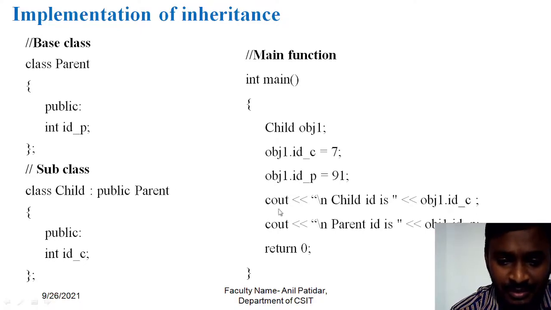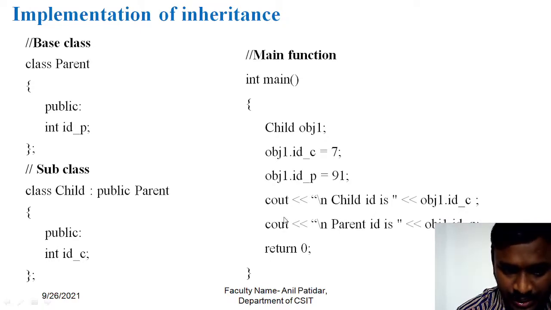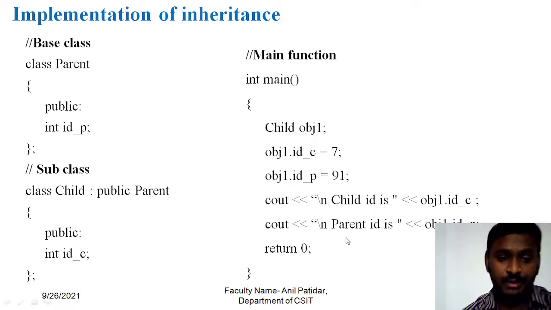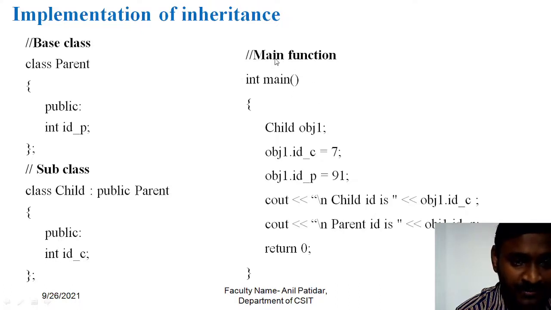This is a very simple statement, so I think you all know about it. Then cout for the parent id printing: parent id is equal to obj1.id_p. Now write the return 0 statement, because our main function is of integer type, so it returns a value.